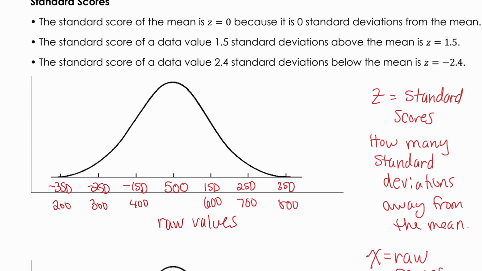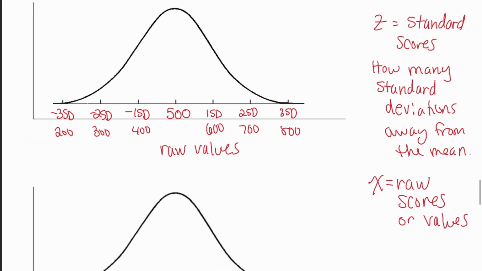These are our raw values or our raw scores. If I specifically said I wanted Z to be 1.5, that means I'm coming out 1.5 standard deviations away from the mean. And that's our Z-score. That's when it's standardized. When we don't give the specific values, we're just saying how many standard deviations it is from the mean.